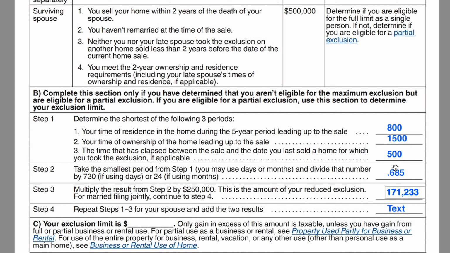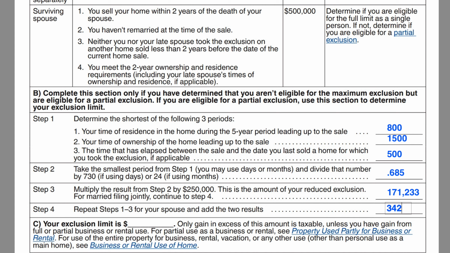But the default is that the IRS assumes that you and your spouse may have 2 separate backgrounds. So let's just imagine that they don't. Both spouses are in the exact same situation.